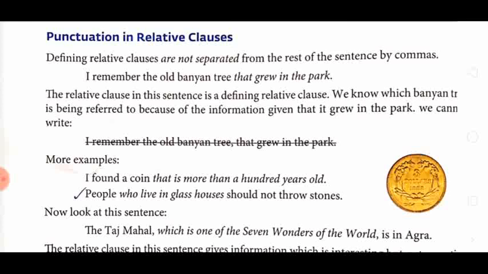Here you can see in the two examples, I found a coin that is more than 100 years old. It is a defining clause, that is more than 100 years old, so there is no comma. People who live in a glass house should not throw stones. Who live in a glass house is needed, a defining clause, so there is no comma.